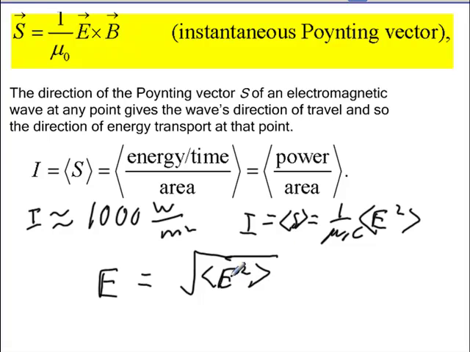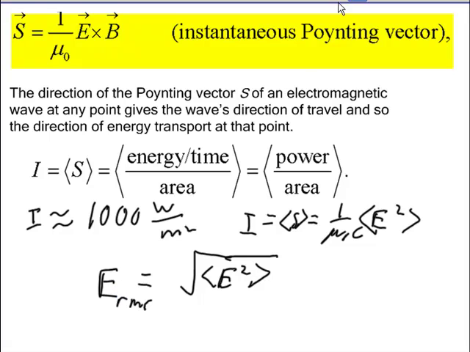So first we square it, then we take the average, and then we take the square root. What it's called is the root mean square, which stands for the root, square root, of the mean or average of the square. And it's a good way of finding averages for something like a vector electric field, which, if I just averaged it directly, would average out to 0.